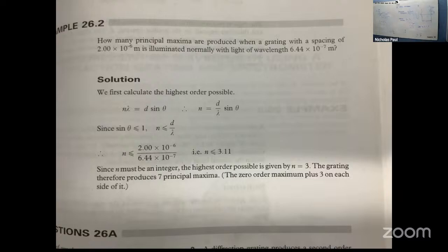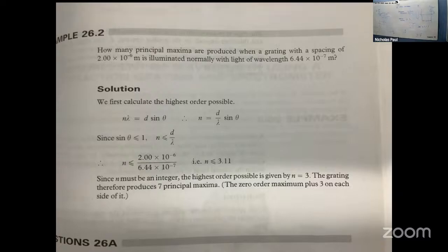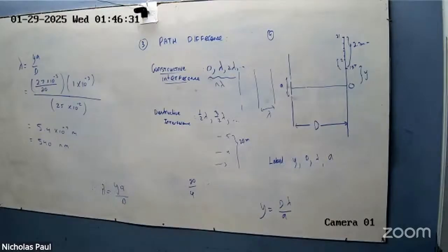Those, to be honest, in past papers, it's not much different. In past papers, you have to figure out when to use diffraction grating and when to use y is equal to d lambda.